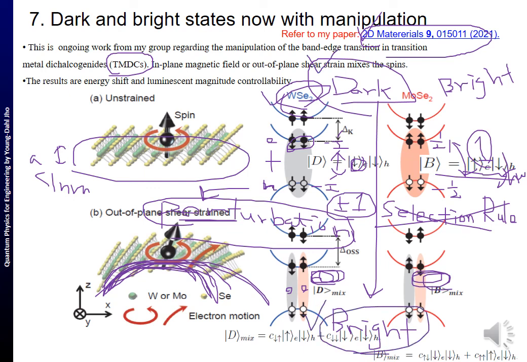So not based on an external electric field bias, but based on the tilting of the material in 2D structures, we can make it either dark or bright. So you have some sort of switching device, and this is kind of a new switching concept.